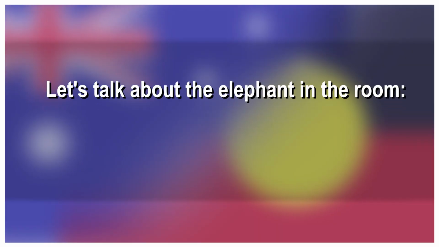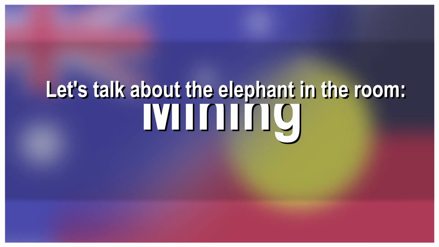with key policy decisions. So let's talk about the elephant in the room: mining. Big mining companies contribute both to Labor and Liberal, and it used to actually be pretty even. Then Kevin Rudd proposed a non-renewable resources tax, or mining tax, in 2010. And then political donations for the Liberals just shot up by millions of dollars.